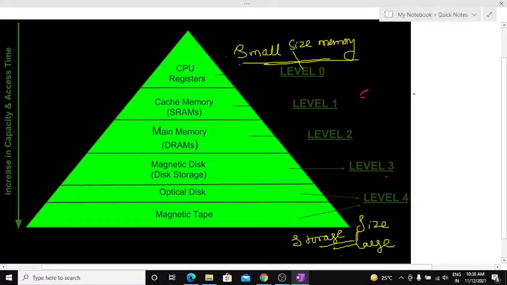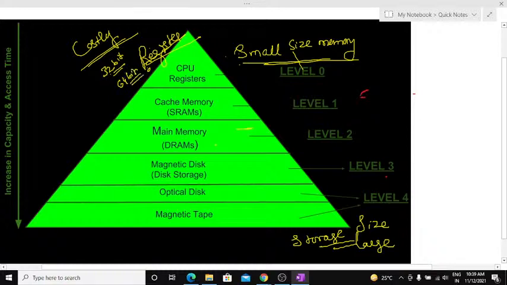So CPU small means registers, used to store the data. Registers are very small in size, but costly. The registers store 16-bit, 32-bit or 64-bit data. It is very small in size.